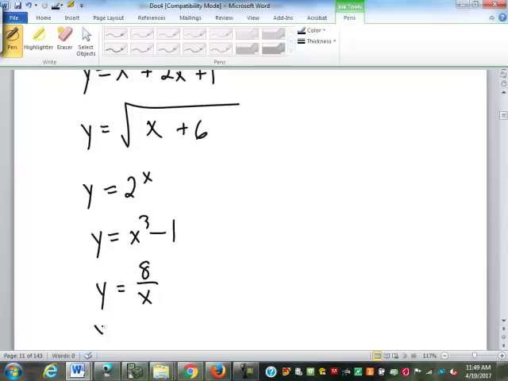And y equals 4x squared minus 8. So those 6 equations did not form lines on the graph.